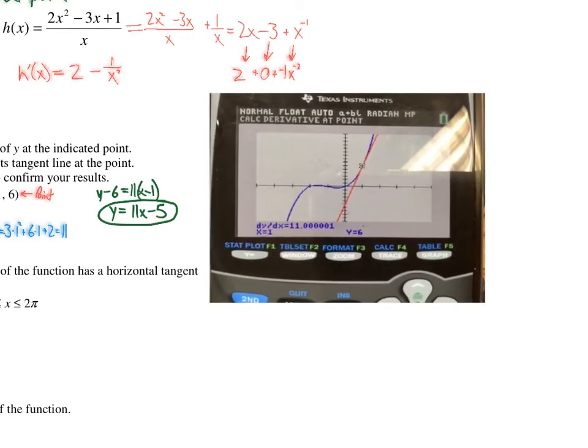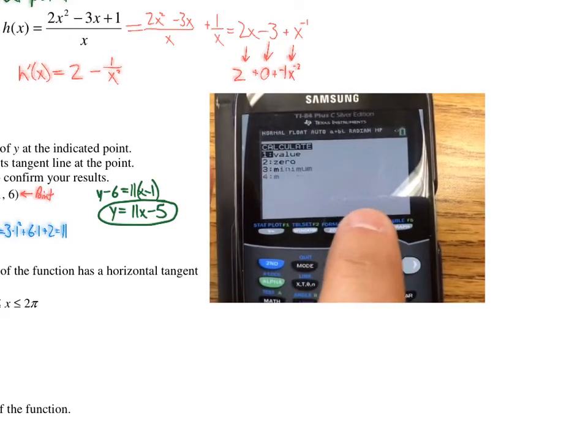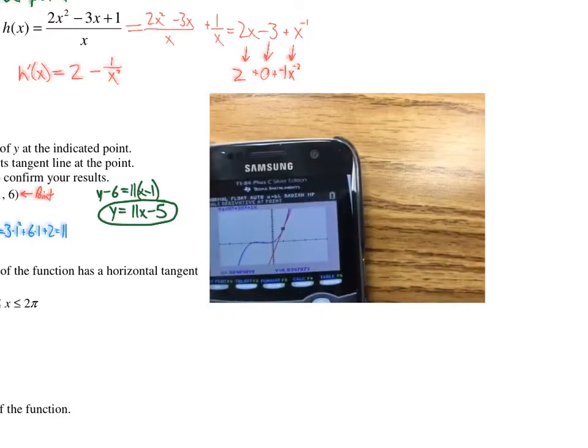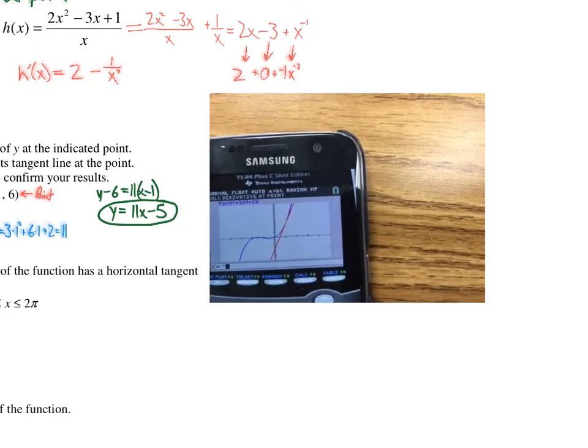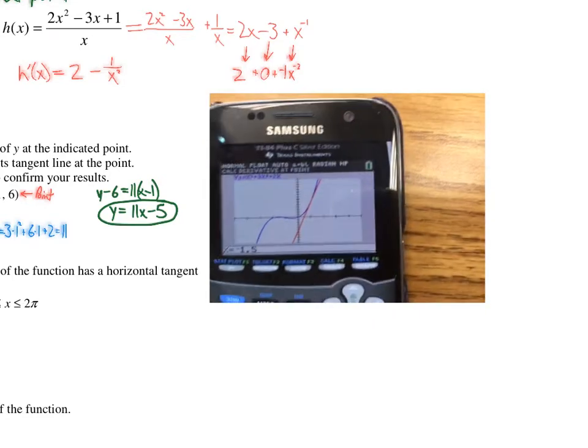Exactly. And actually, what I can do now, I can hit second calculate, and do the derivative again. I could try it at negative 1.5. What's the slope at negative 1.5?